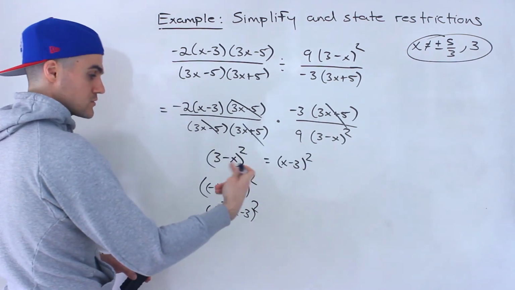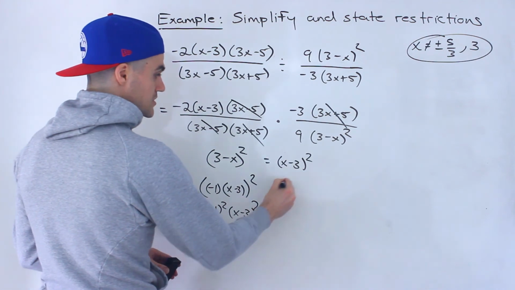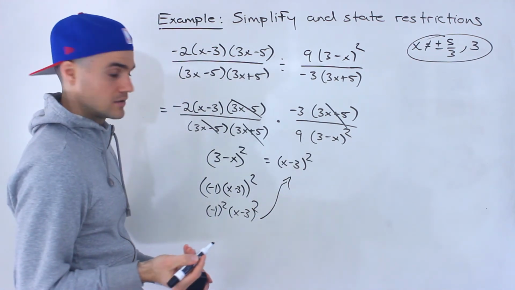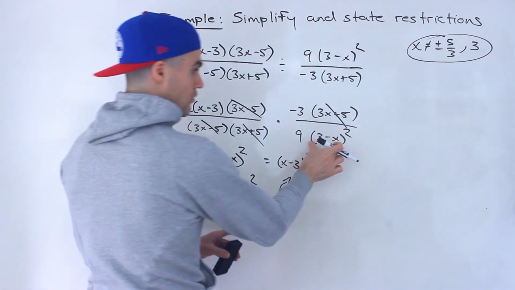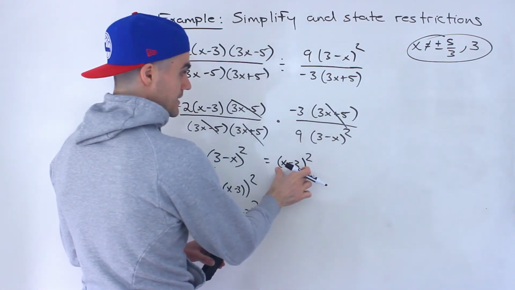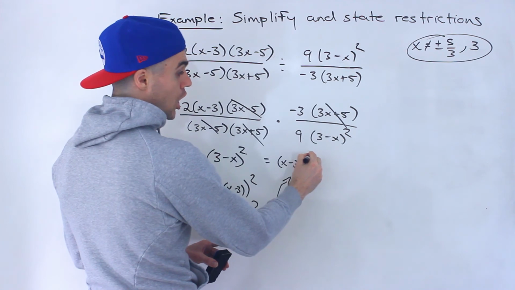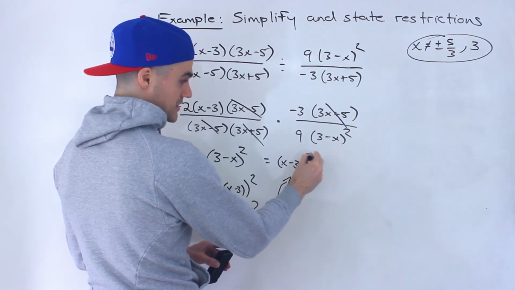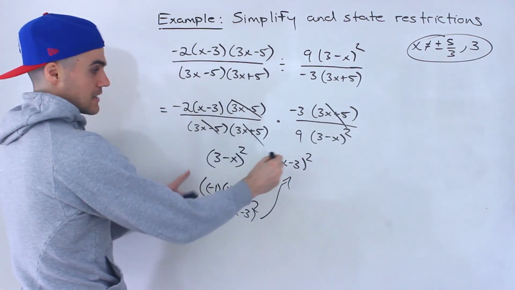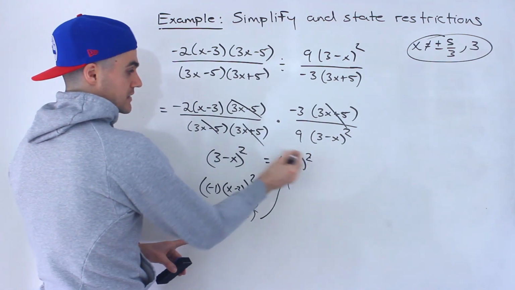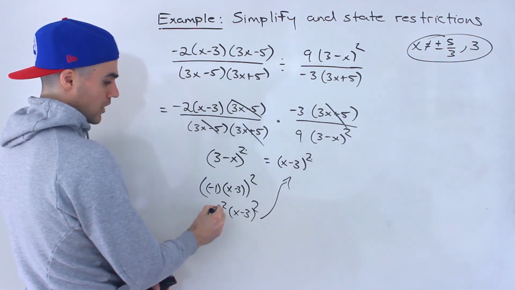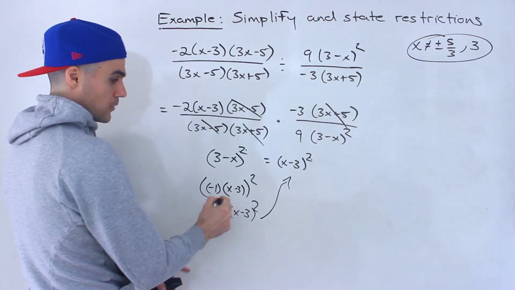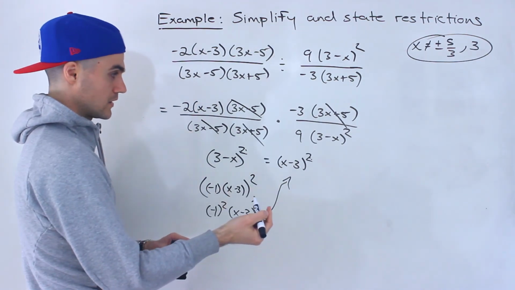Negative 1 to the power 2 is positive 1, so we end up just having x minus 3 to the power of 2. All right, so this and this are the exact same thing. Now, if this was an odd bracket or an odd exponent, then they wouldn't be the same. This has to be an even exponent here for these to be the same, because this negative 1 to an even exponent would give us positive 1.